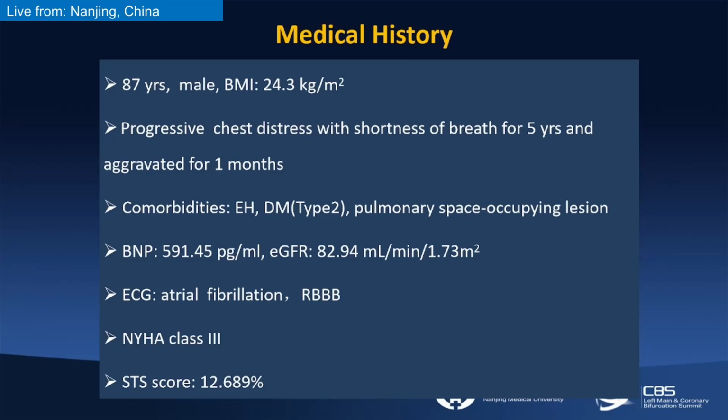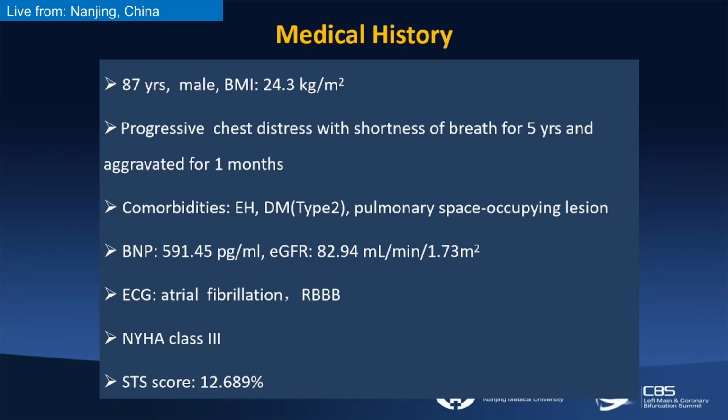His comorbidities include essential hypertension and type 2 diabetes. And also there is a pulmonary space-occupying lesion, but it has been diagnosed for 4 years. It's also stable. So clinically, it's benign.